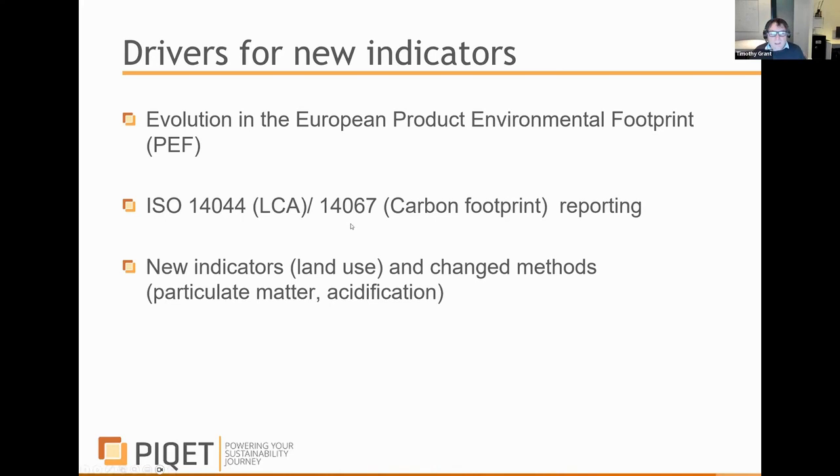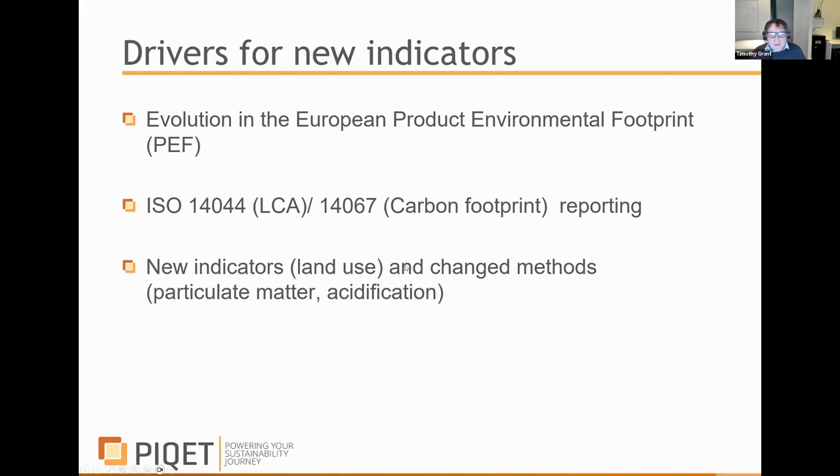To do that, we need the most recent environmental metrics included in there, because if you go to peer review and your impact models are outdated by 10 years, then that generally won't comply.